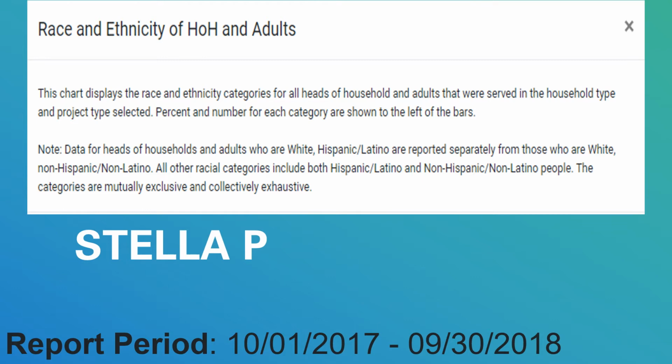So we do want to compare that again. The general population from the census is all people versus our Stella P data is actually head of households and adults. So for example, in Albany, it's like 2,000 individuals in the system with like 1,688 head of households and adults. So it's not a major difference, but there is a significant loss.